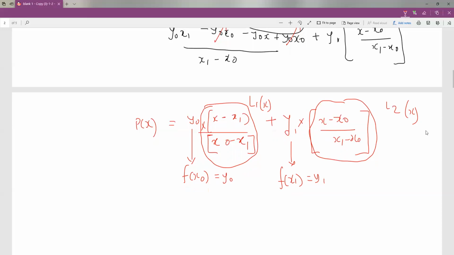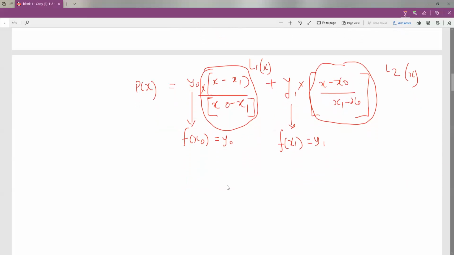So if you evaluate, you will be able to see that suppose I want to determine the function's value at x0. If I evaluate the first function's value at x0, L1(x) is equal to, so we write it separately, x minus x1 over x0 minus x1.